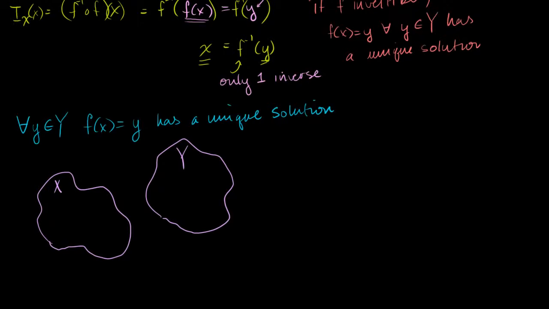Let's call that unique solution x. So you can pick any point in y, I can find you some point in x such that f of x is equal to y. And not only can I find that for you, that is a unique solution.